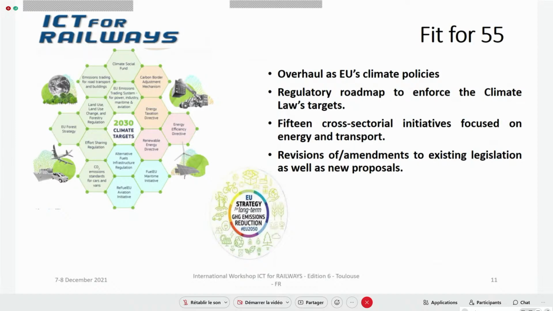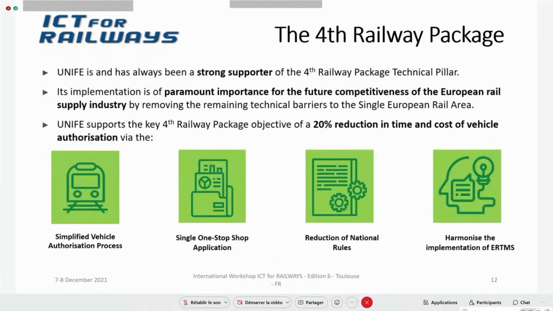If you go now to the next slide, please. You heard about the fourth railway package, which was put into force already 2 years ago. It was supposed to be a simplification of the system of authorization for applicants who are building new trains that would be operable in several countries, if we talk about the rail supply industry.